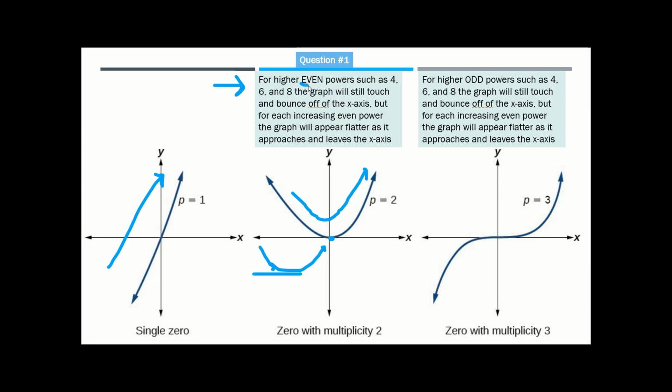That's for even. For odd powers, this should be 3, 5, and 7. The graph will still touch and bounce off the x-axis and keep going through, but it will also appear flatter. So as that power gets bigger in the odd direction, it's going to flatten out more.